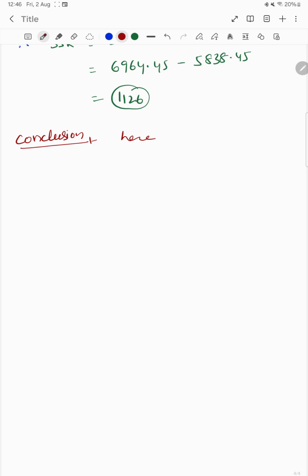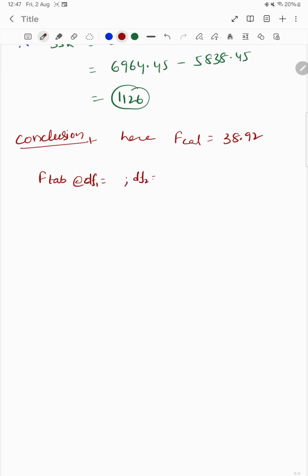Therefore, coming to the conclusion here, F cal is equivalent to 38.92. Okay, now we have to take the F tab value at df1 comma df2.